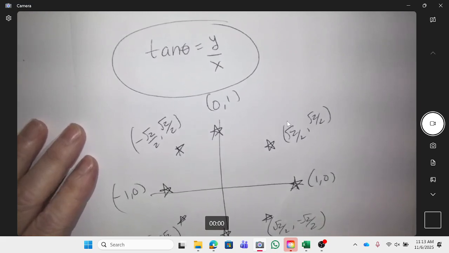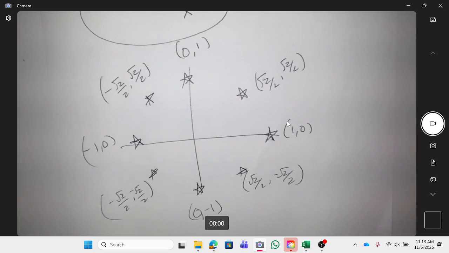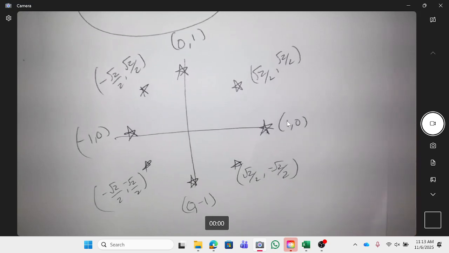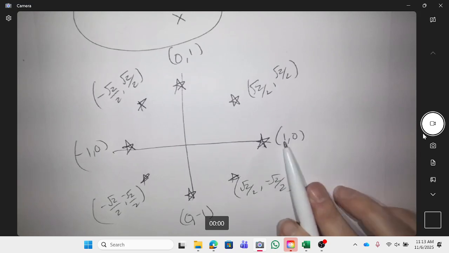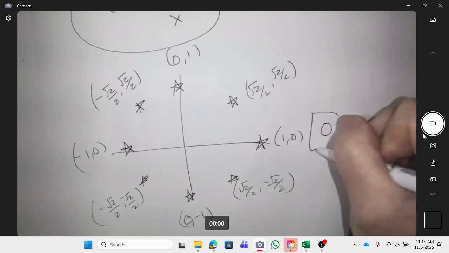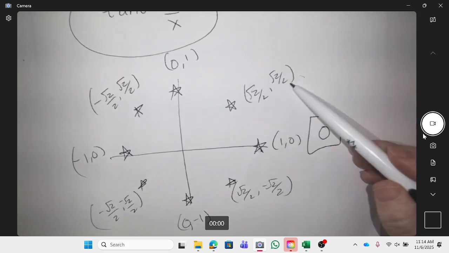Okay, when you're in these positions on your unit circle, you know what the tan value is. Okay, ready? What is y divided by x? What's 0 divided by 1? 0. Okay.